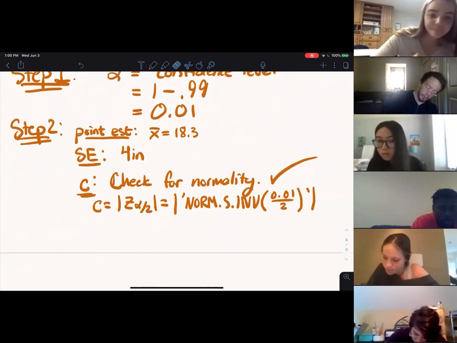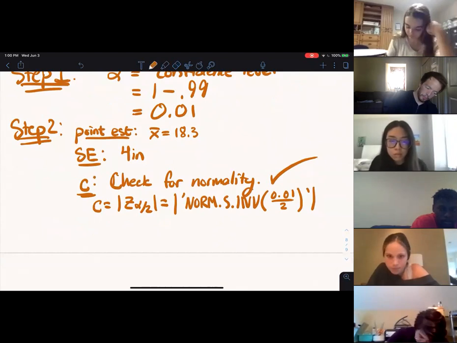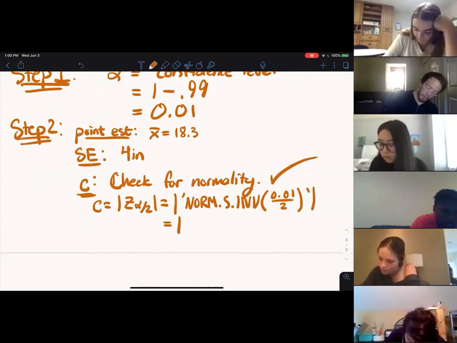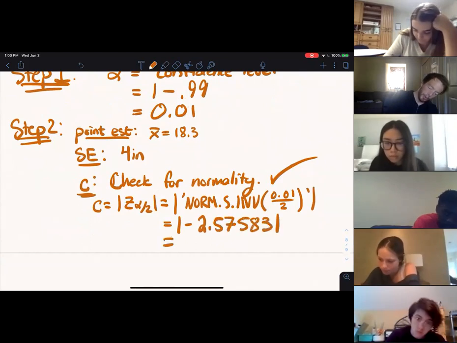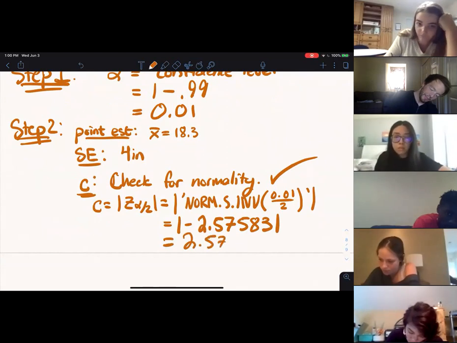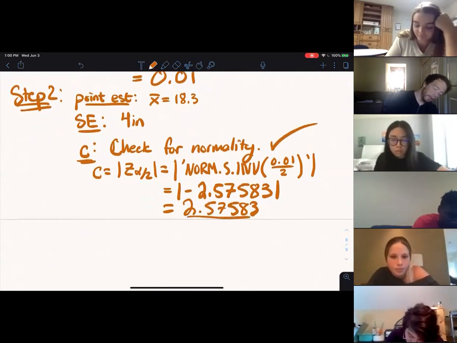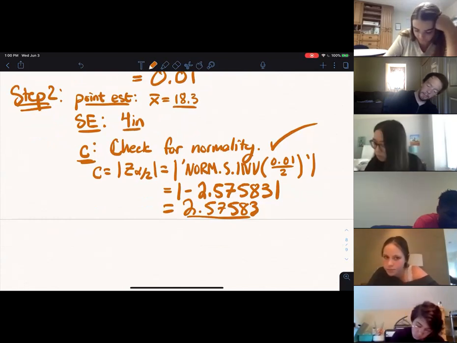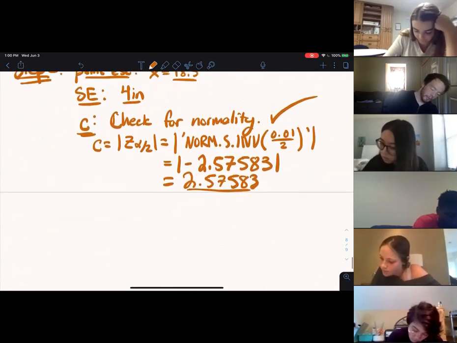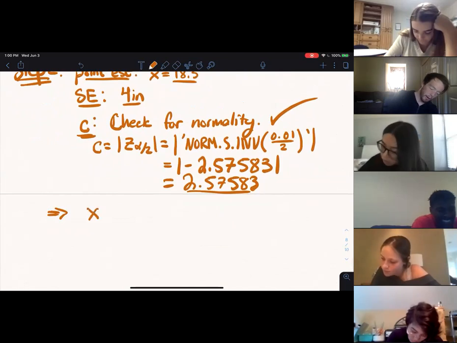And that is just going to be equal to the absolute value of negative 2.57583, or 2.57583. Okay? So we have our C, we have our standard error, we have our point estimate. These are all of the things that we need to calculate our confidence interval.